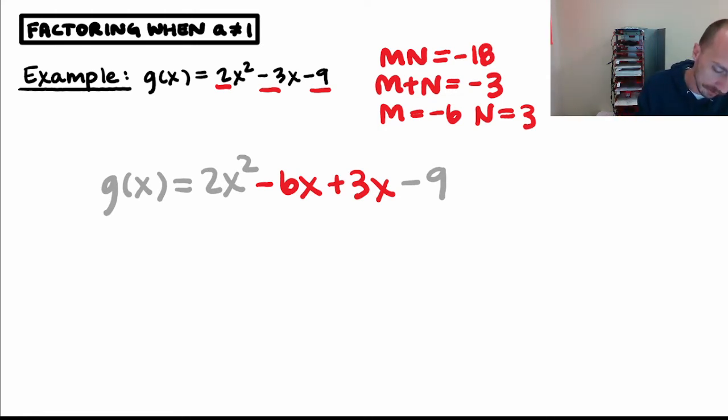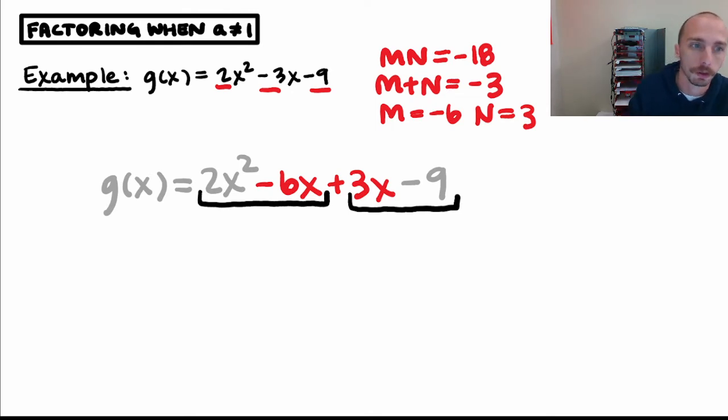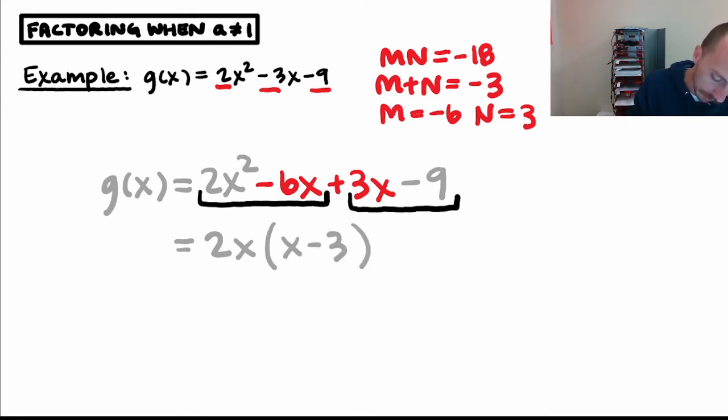I'm going to look at the first two terms here, and then I'm going to look at the second two terms, and factor out the greatest common factor. From the first two, I'm seeing an even number and an x in both terms, so I'm going to factor out a 2x. What do I multiply 2x by to get 2x squared? That would be x. And what do I multiply 2x by to get -6x? That would be -3.